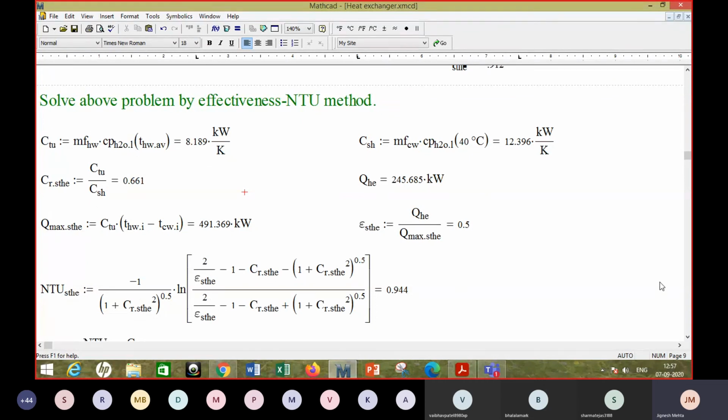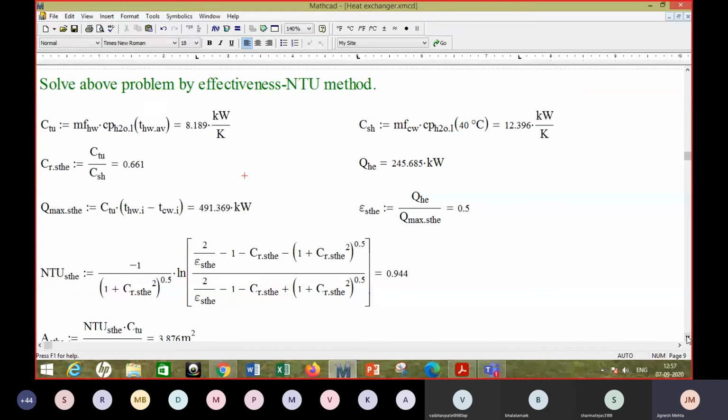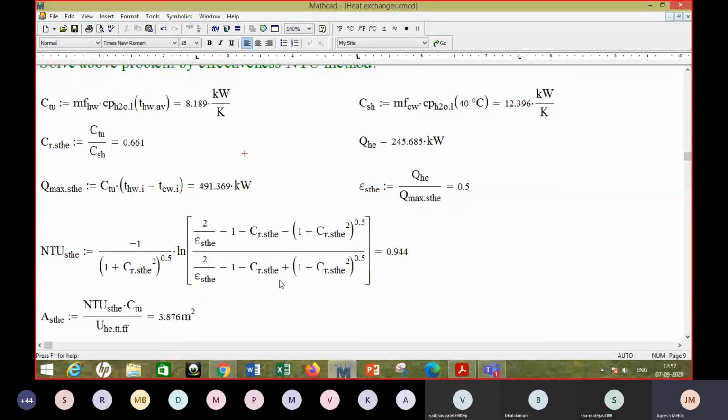So the right formula or chart may be used, and here I am getting NTU equal to 0.944, and then I get the area equal to NTU into C minimum upon U, right? So that way you get the area, which is the same as the area that you get by the LMTD method also, right? There you use the LMTD and correction factor. Here you use the NTU method. So either method may be used. It depends many times upon personal choice which method to use.